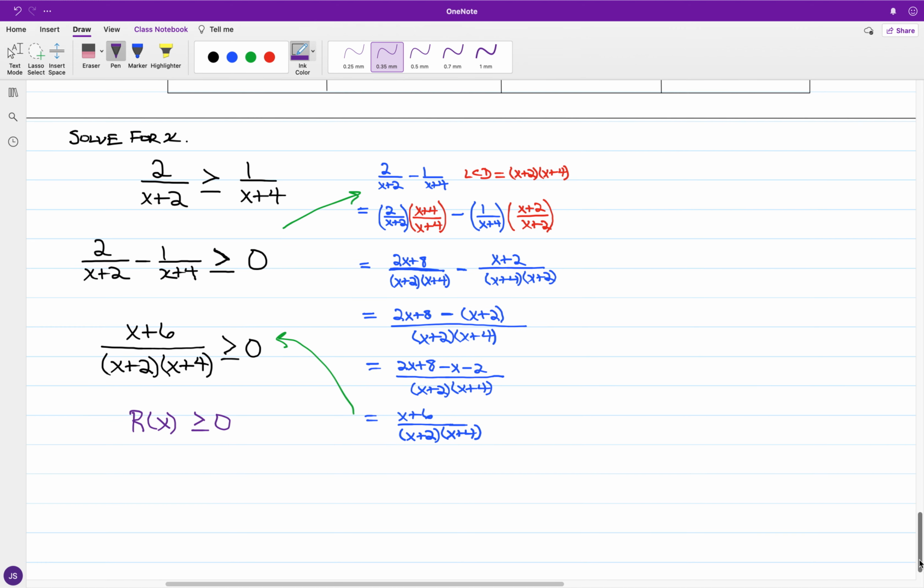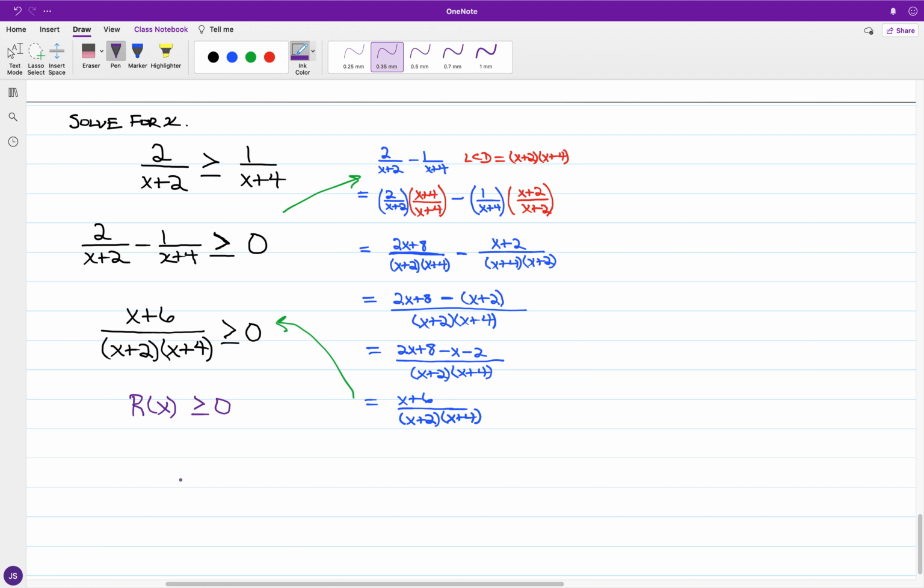Okay, and I'm just going to mention now for the setup from the comparison inequality, we have for r of x, x plus 6 all over the quantity of x plus 2 times that of x plus 4.